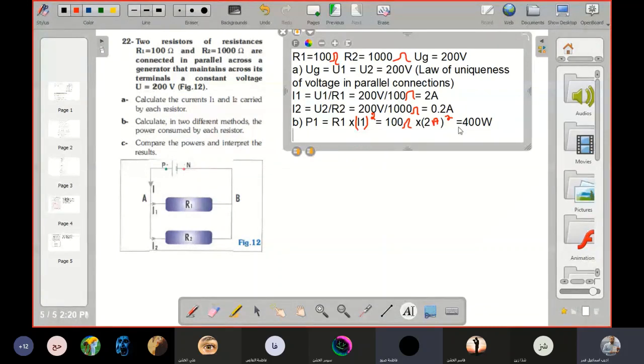P equals U times I. P1 equals U1 times I1.